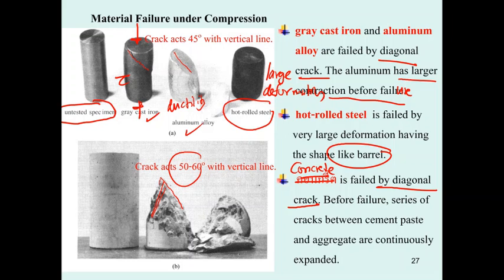Due to the inhomogeneity of the concrete. It has sand, cut stone, and cement paste, and it also has friction that increases the crack angle to 50 or 60 degrees with the vertical line, different from the metal that has very fine, smooth material.